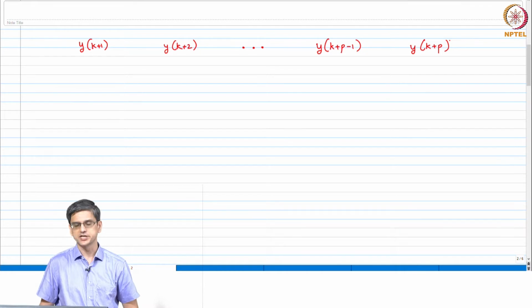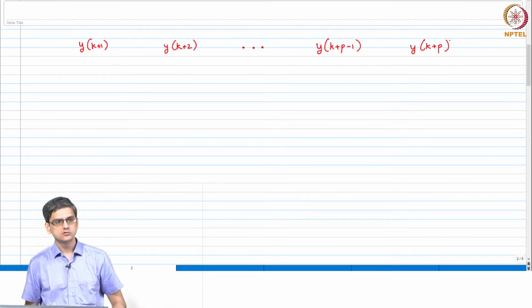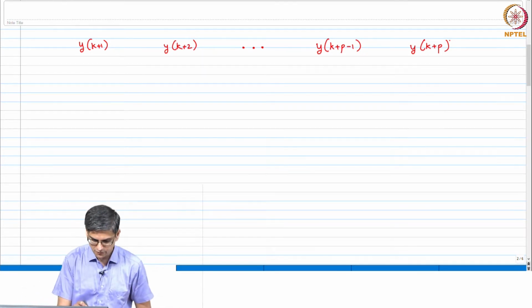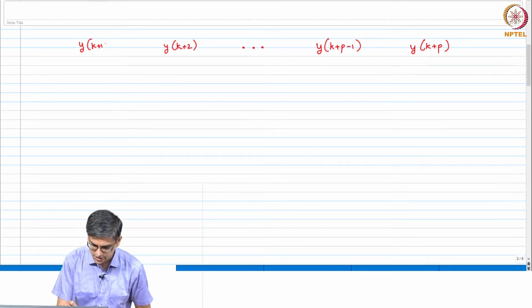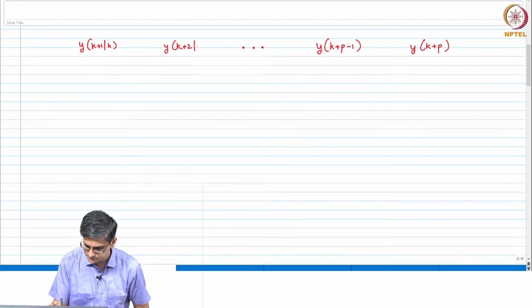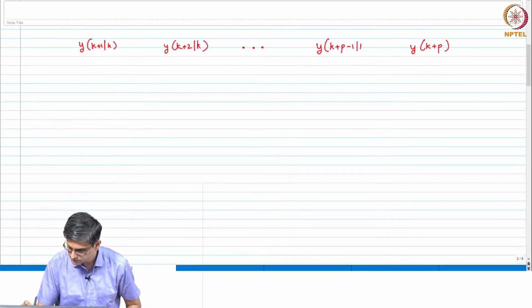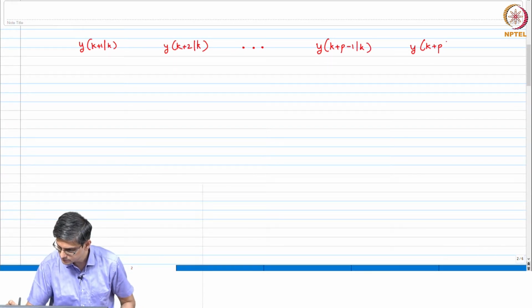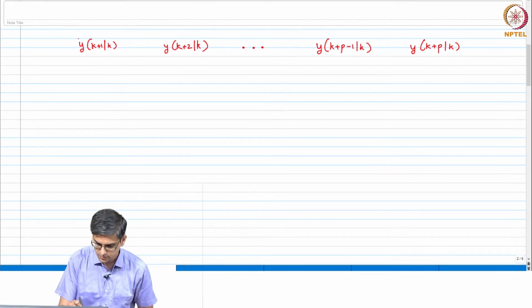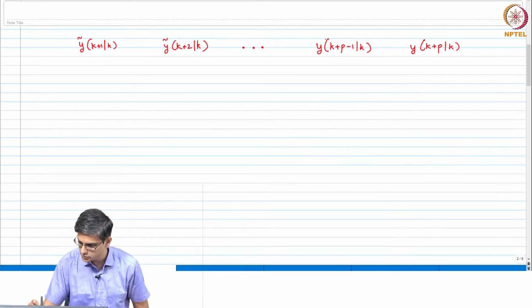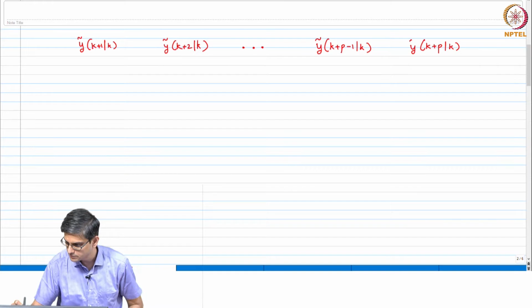That is what we want to check. We will use a notation where we say yk plus 1 at k, and again we will put a tilde on top.